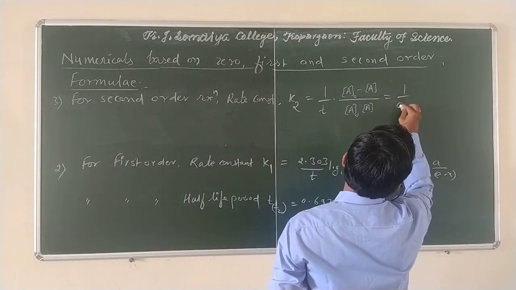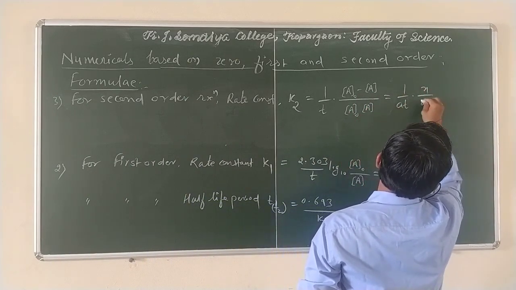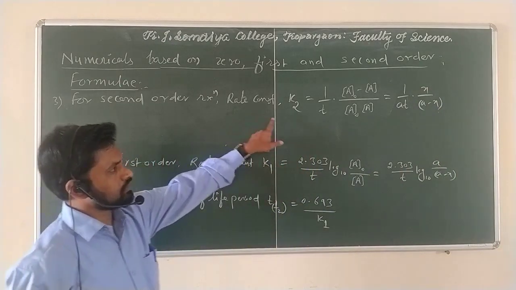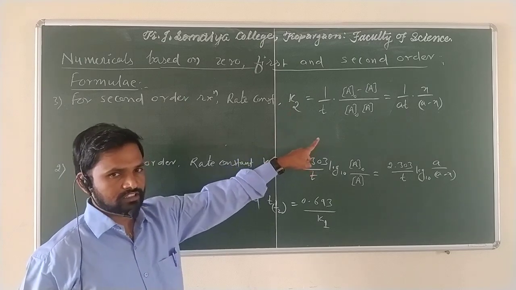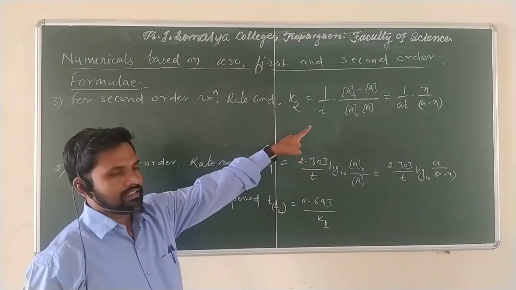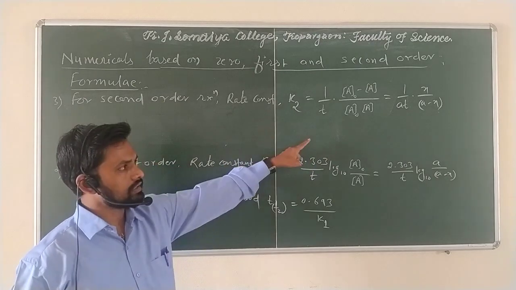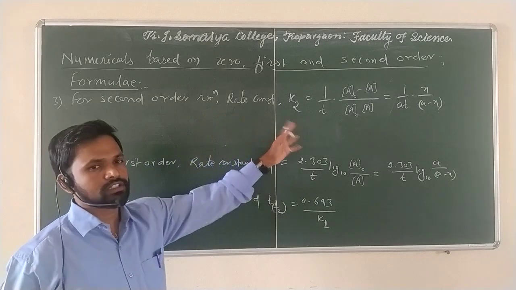You will get 1 upon AT into X upon A minus X. This formula is used for equal initial concentrations as well as a reaction involving a single reacting molecule. Just we have to see the problems based on this only.